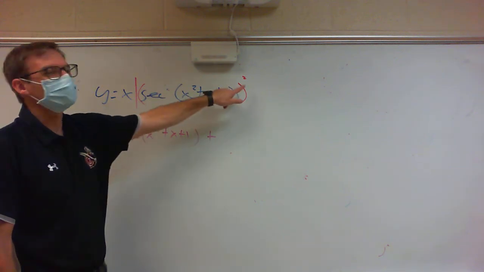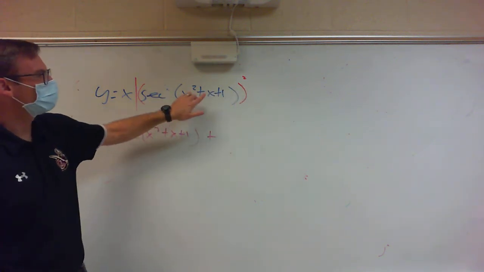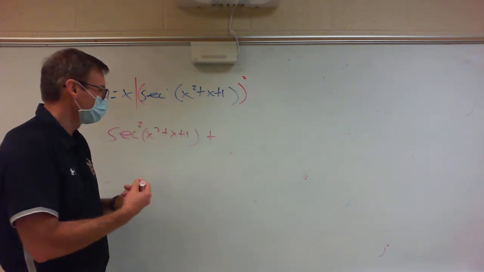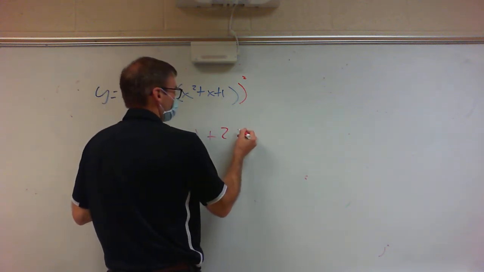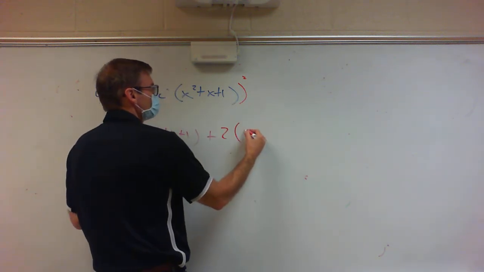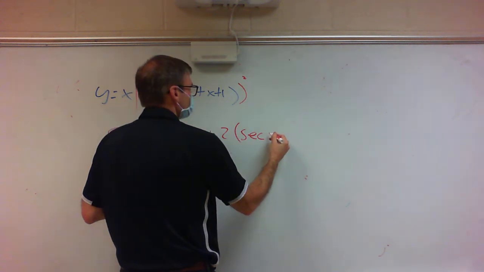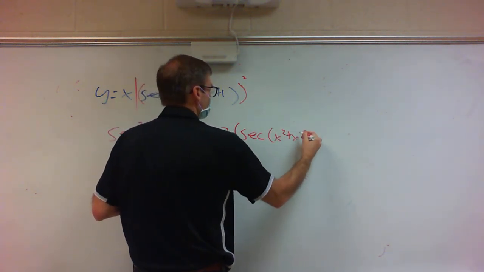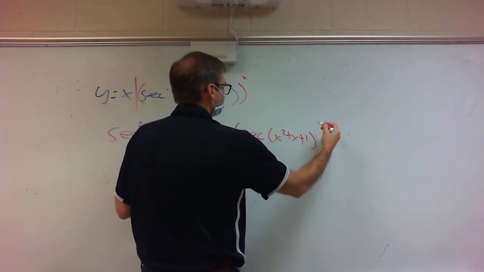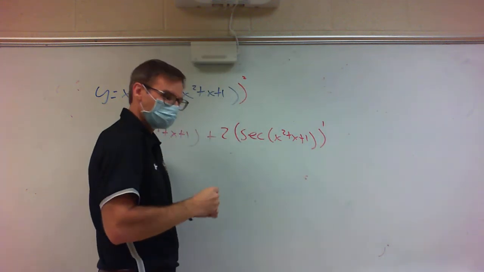So that squared means that's squared. Now to take the derivative of this thing, it's 2, copy stuff. So this is 2, I'm going to copy whatever ugliness this is, which is going to be secant of x squared plus x plus 1 to the first.